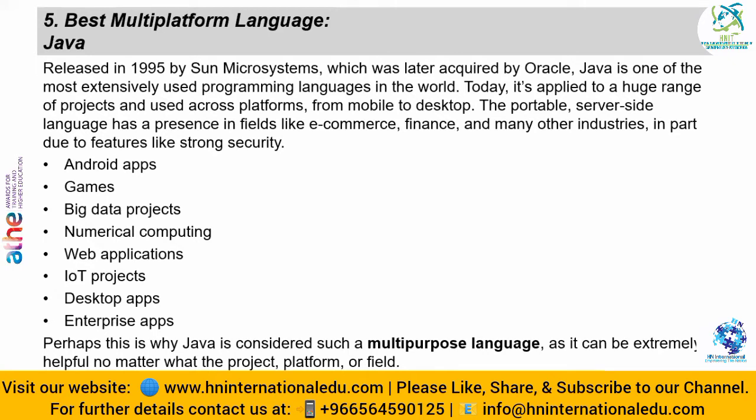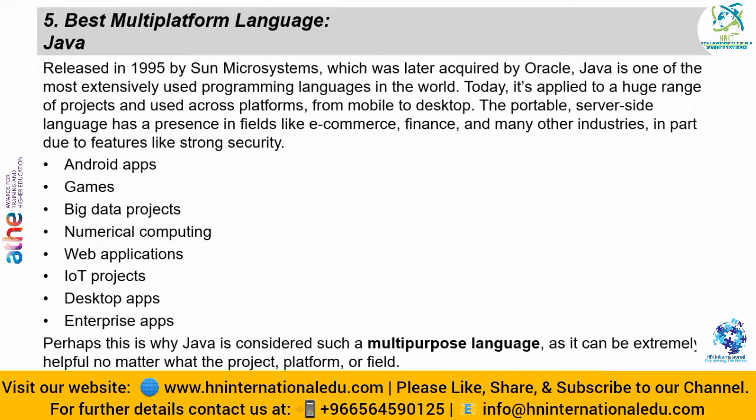Then the best multi-platform language is Java. Released in 1995 by Sun Microsystems, which was later acquired by Oracle, Java is one of the most extensively used programming languages in the world. Today, it's applied to a huge range of projects and used across platforms from mobile to desktop.